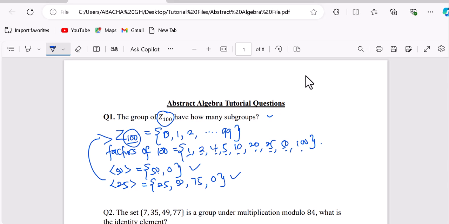Yes, so if you also want, you can use probably 20 or 10.